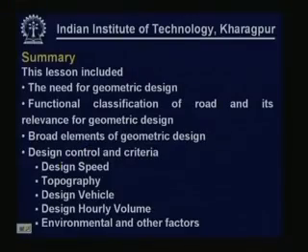We have talked about the design control and criteria. Under that, we have basically talked about 5 major aspects: design speed, topography, design vehicle, design hourly volume and also environmental and other features.